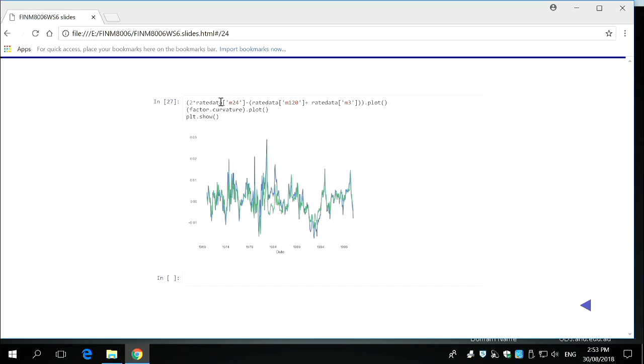So if you see what I'm doing, this is like doing a quadratic function, right? Two times the middle rate minus the very long yield plus the very short yield. That's the curvature of the yield curve. And you can see this is really closely related to the third factor, the curvature factor.